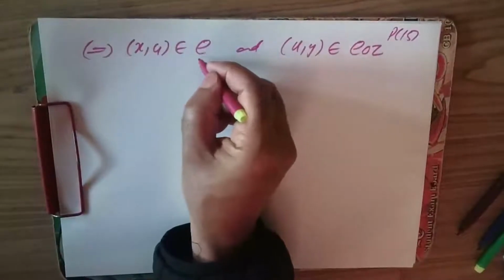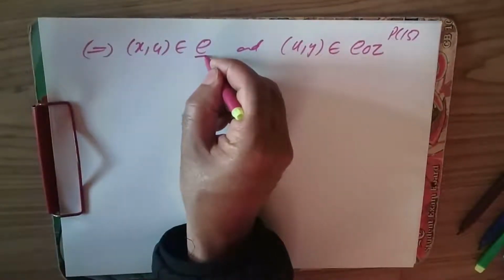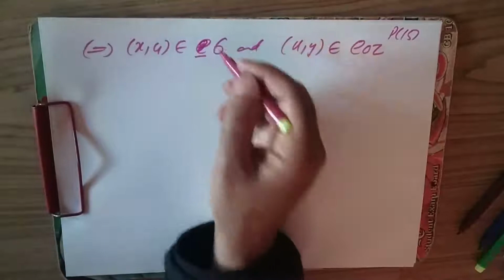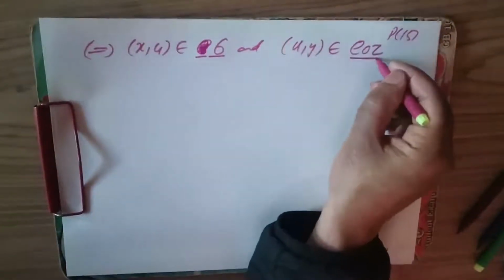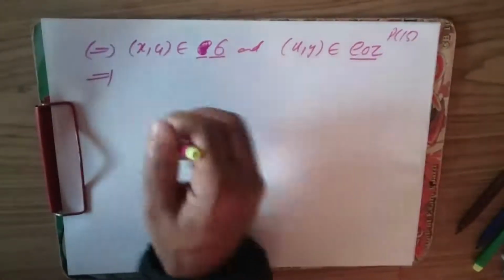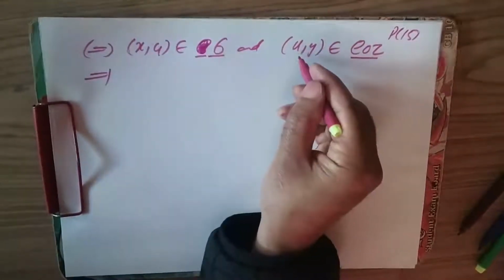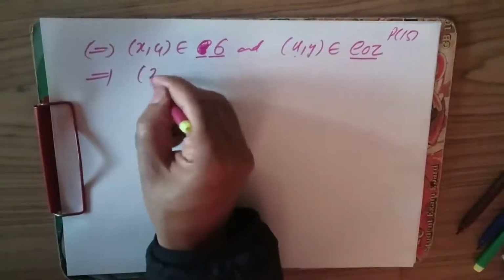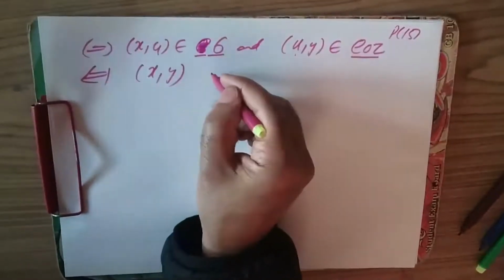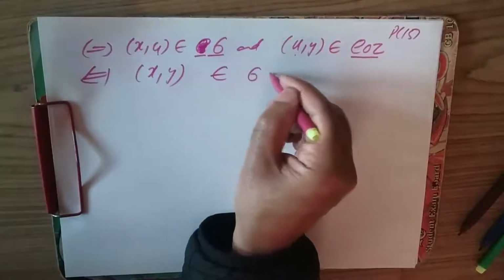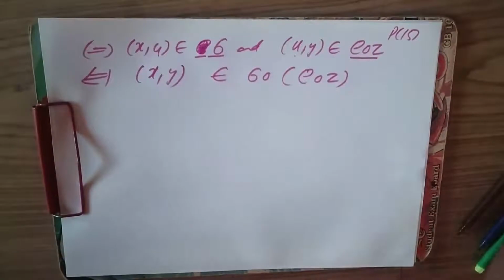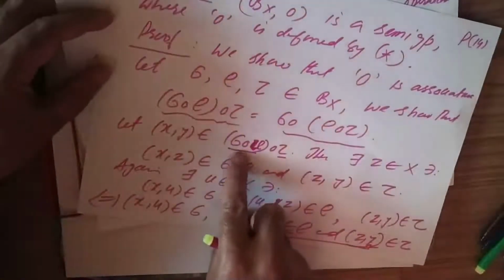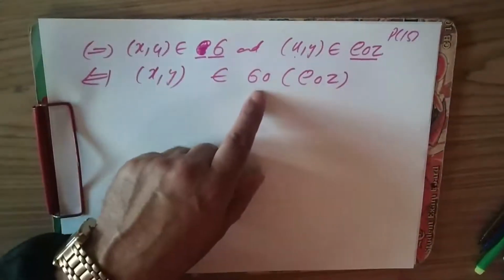Now these are two binary relations, sigma and rho composition tau, and the second element of the first and the first element of the second are the same. So it means that (x, y) belongs to sigma composition (rho composition tau). Thus (x, y) belongs to (sigma composition rho) composition tau if and only if (x, y) belongs to sigma composition (rho composition tau).